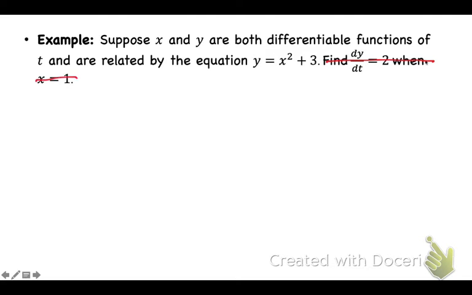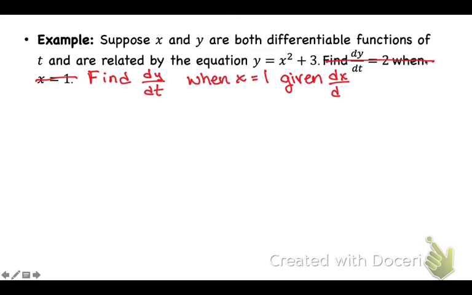I combined two sentences. Sorry. So we have the equation there, yes? And we have find dy dt when x equals 1, given dx dt equals 2 when x is 1.